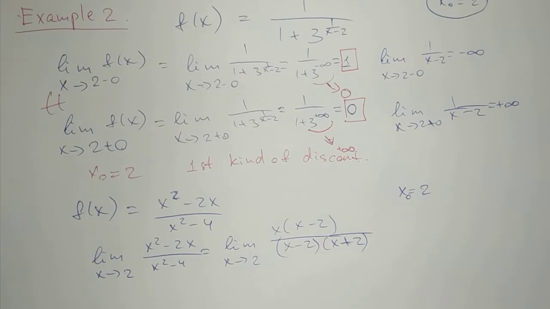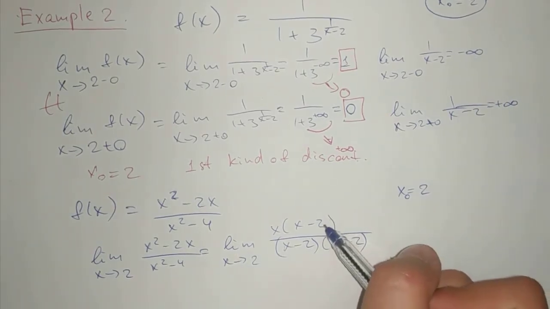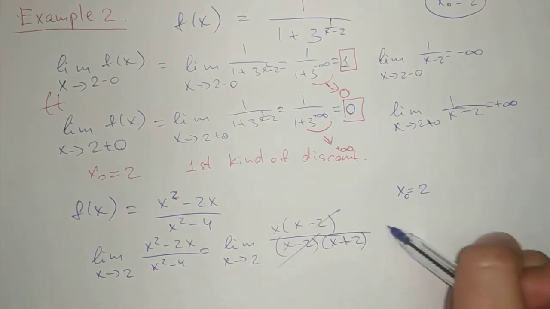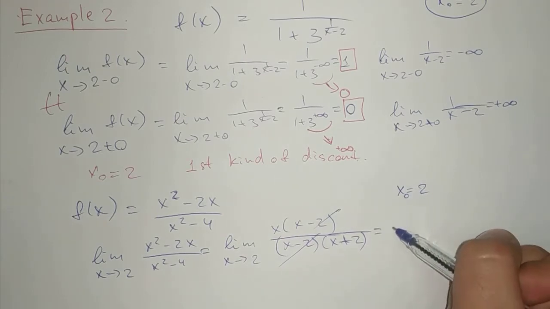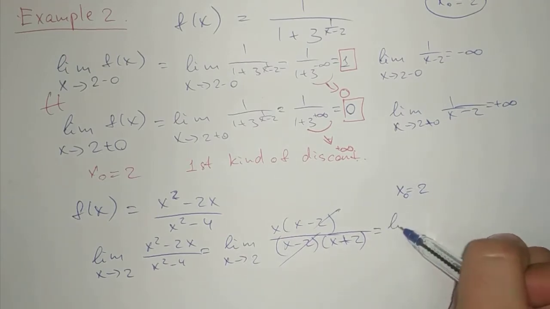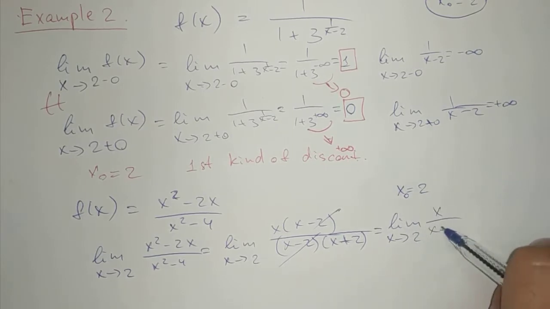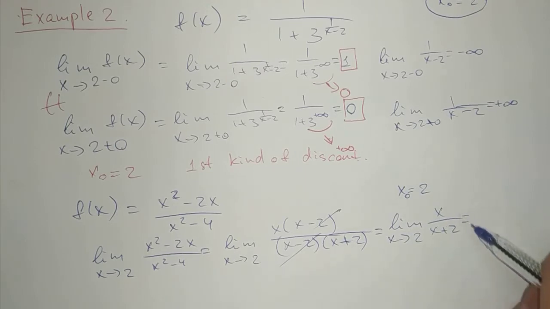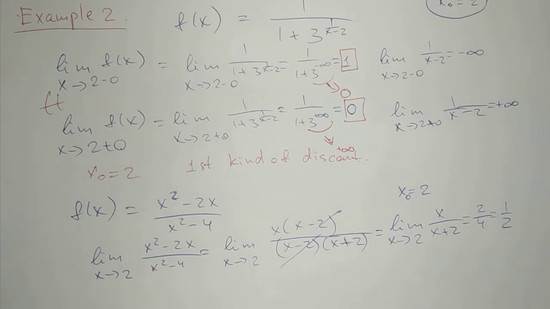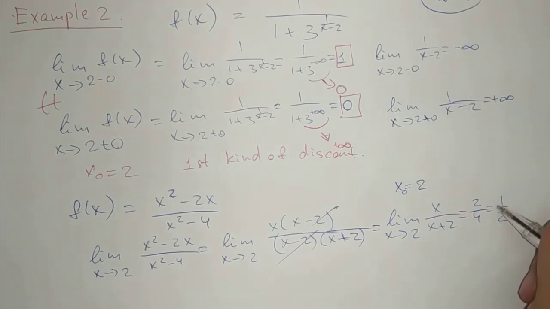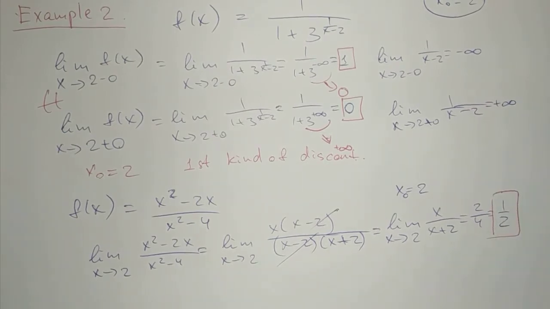Now we can cancel x minus 2 with x minus 2, and we get the limit as x tends to 2 of x over x plus 2. So the answer is 2 over 4, or half. So this is our limit: half.